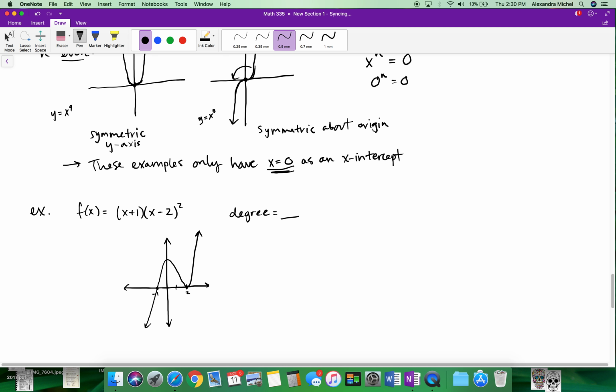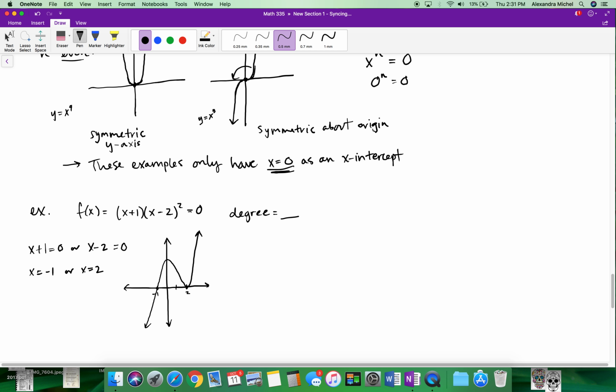So say we have this function, x plus 1 times x minus 2 squared. If we set this equal to 0, then that means x plus 1 equals 0, or x minus 2 has to equal 0. So either x equals negative 1 or x equals 2.